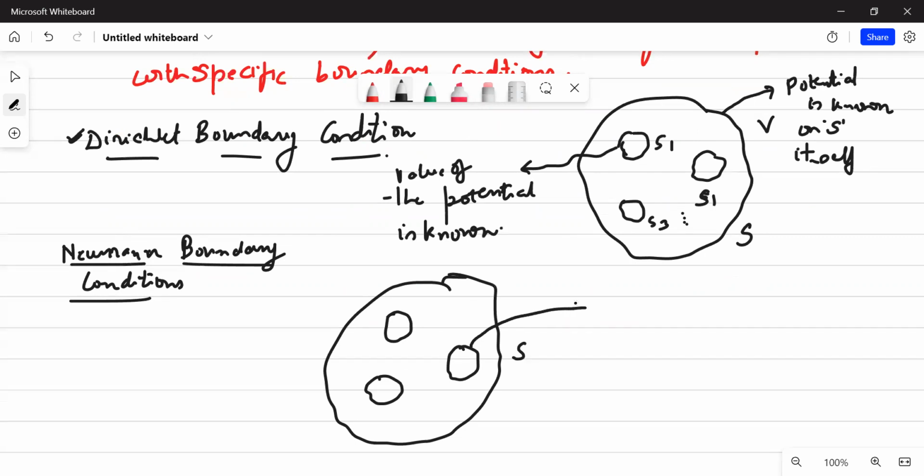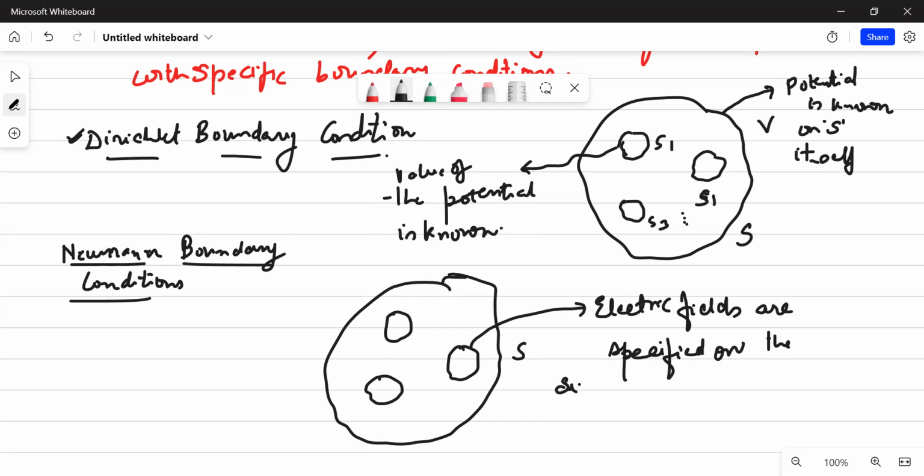you potential, if electric fields are specified on the surface of the conductor, then you should understand that electric field is always given by minus grad of V along n cap, where n cap is the direction perpendicular to the surface.